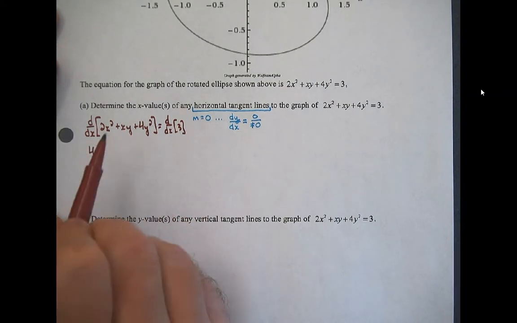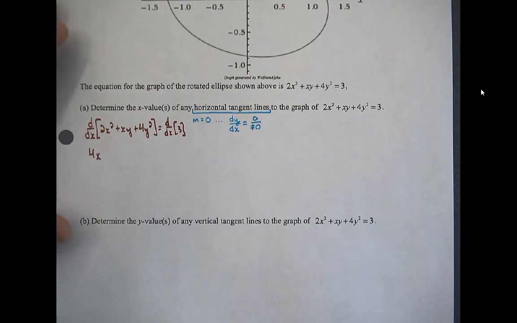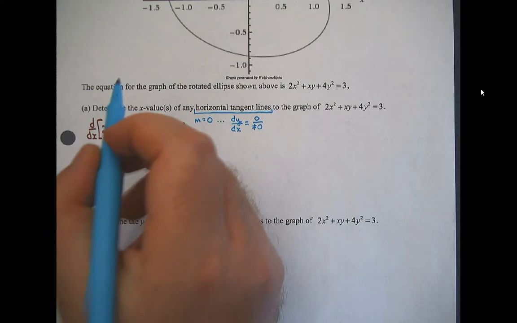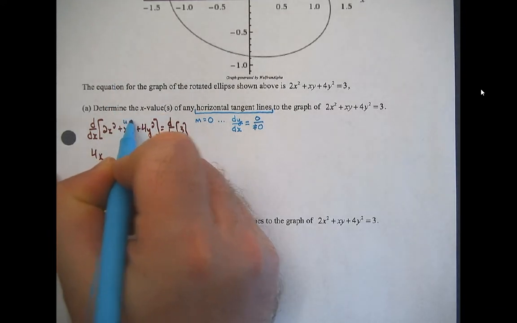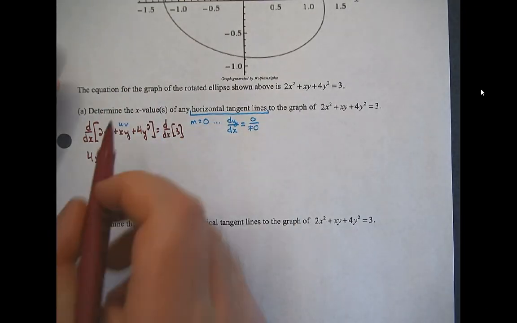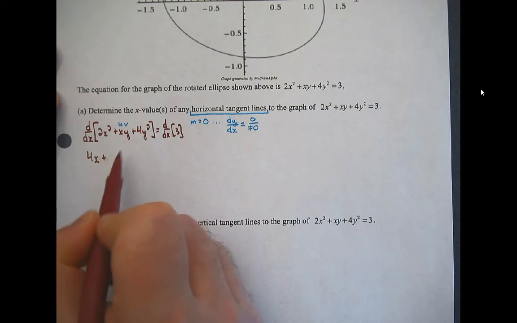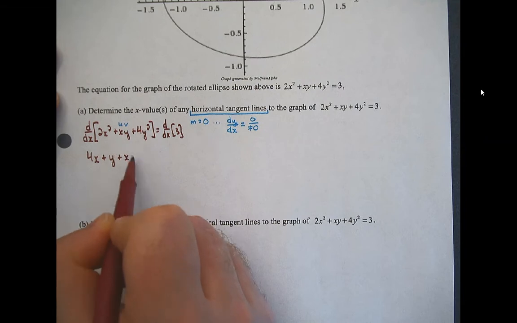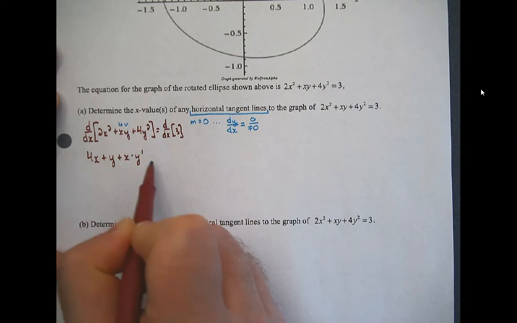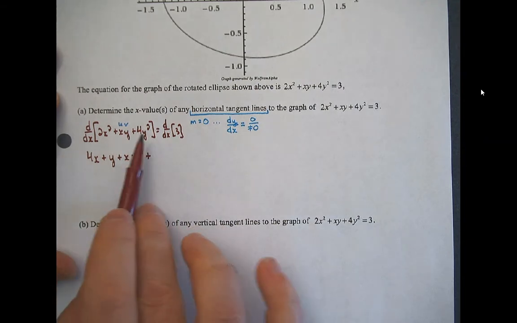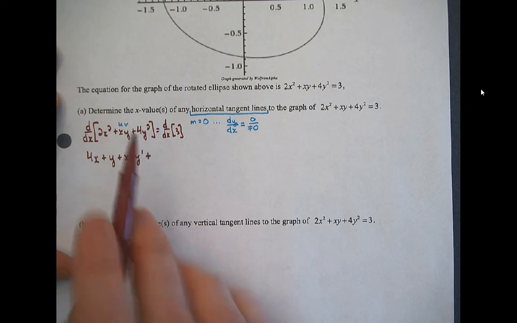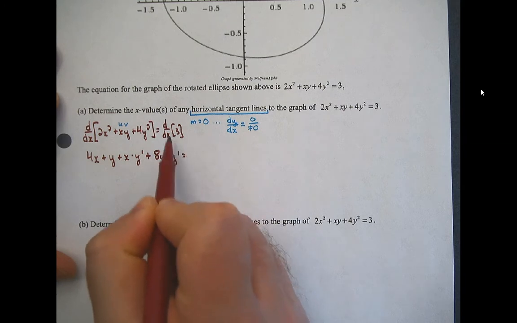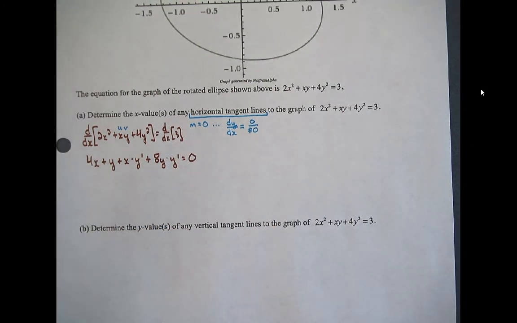The derivative of xy, okay, that's a product rule. So this is my u and this is my v. The product rule is u prime, which is 1, times v, which is y, plus u, which is x, times v prime, which is y prime, plus 4y squared would be 8y, but I need a y prime. Derivative of a constant is 0.